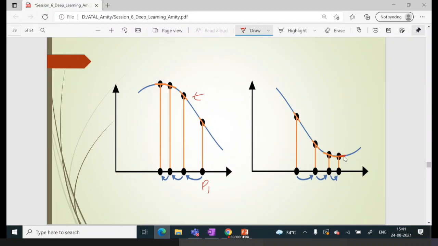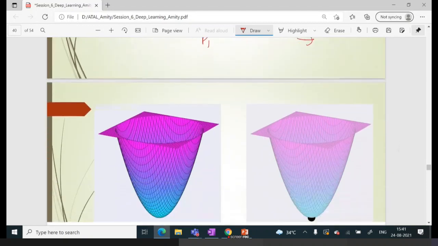We are interested in finding the minima, so we'll go right. Again, we will find the slope and we'll go right. Again, we'll find the gradient and we'll go right. And finally, at the time we reach the minima, the surface will be flat and we'll stop there. That is the idea of this gradient phenomenon.